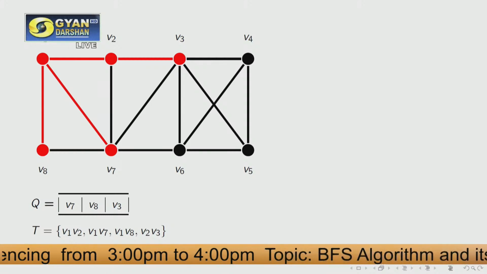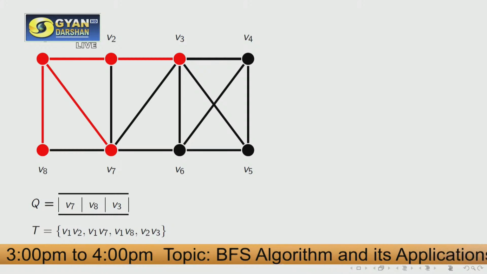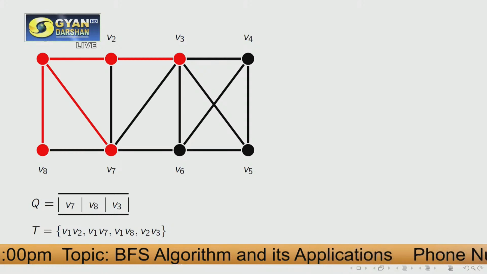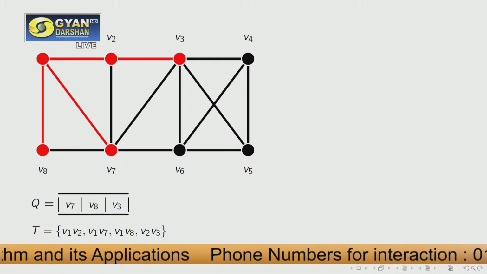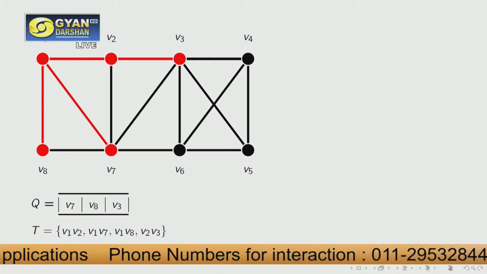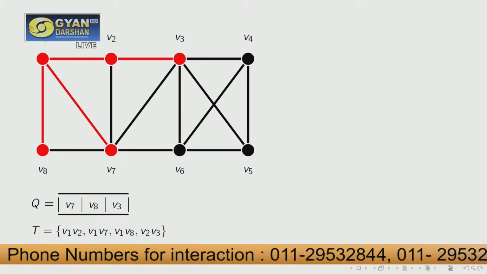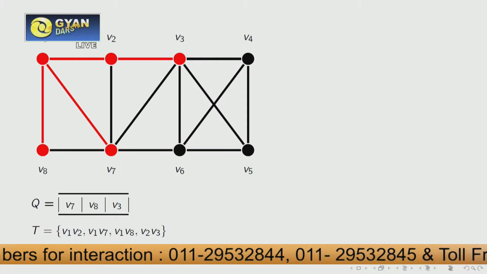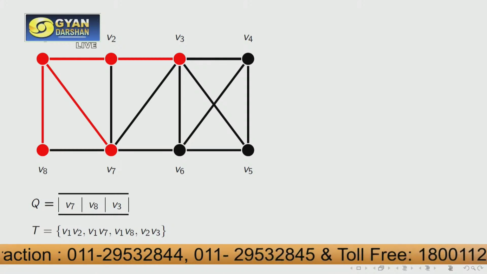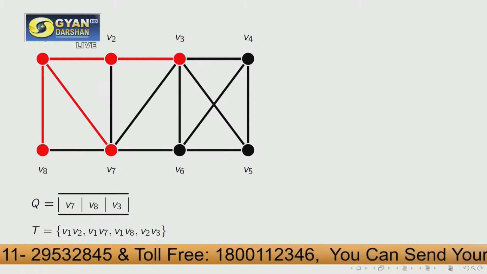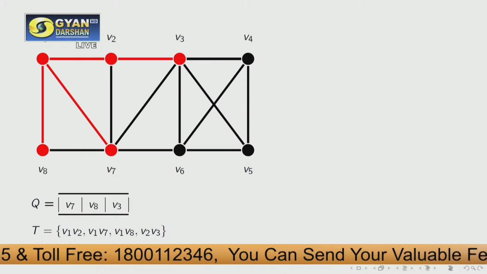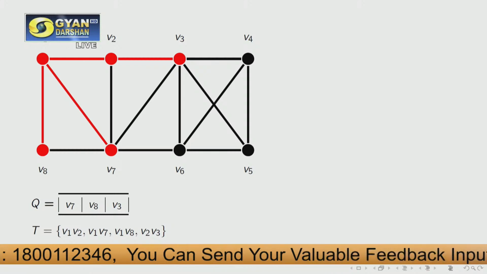Okay, now all the neighbors of V2 have been visited. So we just move to the next vertex in the queue, which is V7. So we remove V7 and shall visit all the neighbors of V7. The only unvisited neighbor of V7 is V6, right?